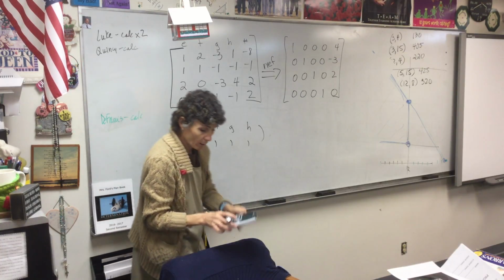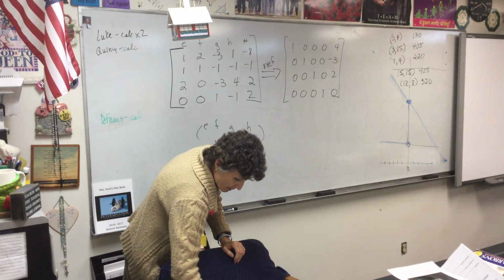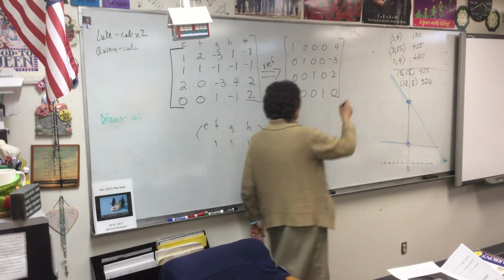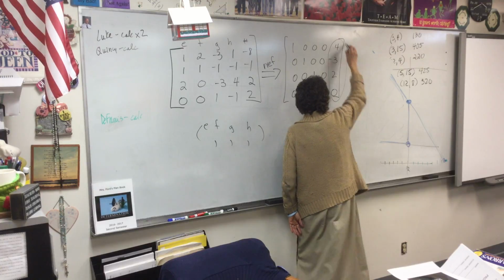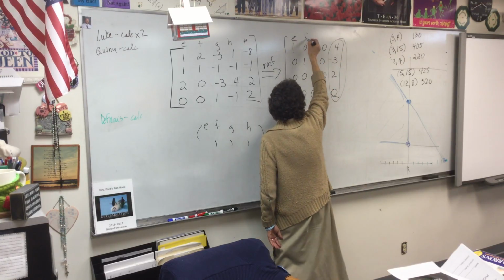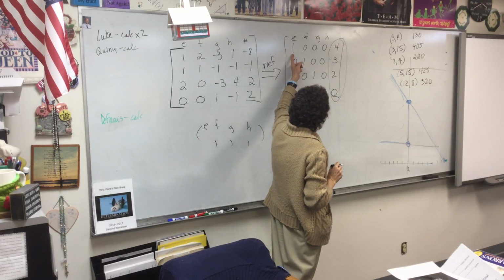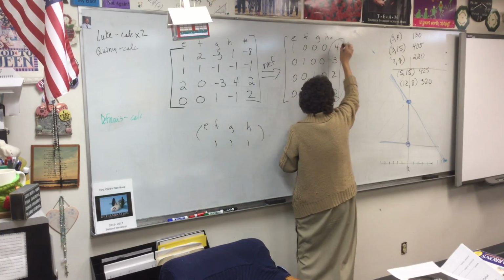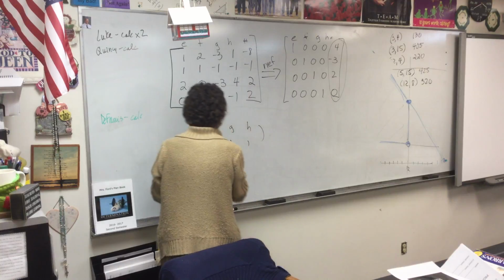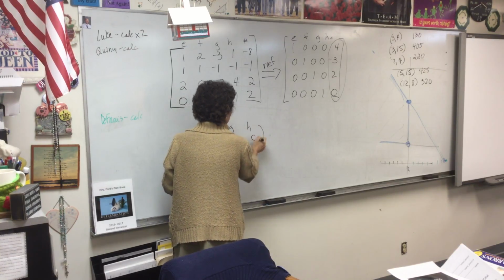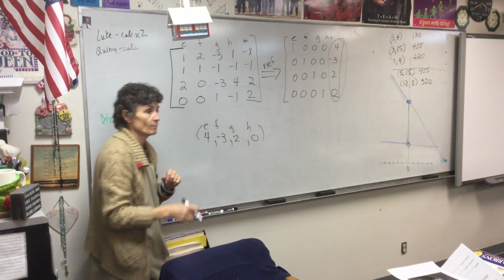Okay, so this is what I got. And believe it or not, that gives me my answer. This column of numbers is your answer. Because remember, when you set it up, you said E equals 4. So F equals -3, G is 2, and H is 0.